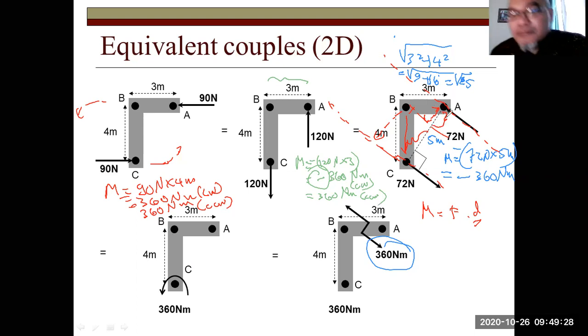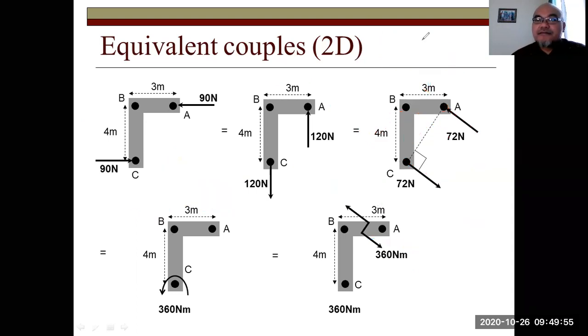Then the result will still be 360 Newton meter. So this is already in the previous slide. So this is already the conclusion. If you calculate one by one, the result will still be equal, 360 Newton meter. Remember from the previous one. This one.